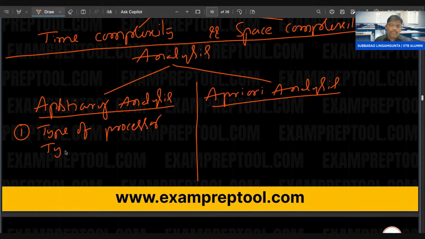Next one, type of compiler or language of compiler.